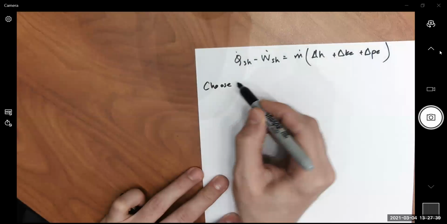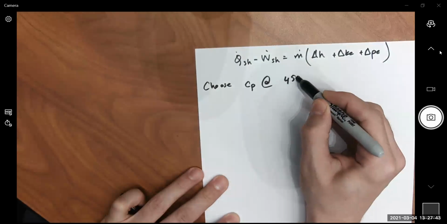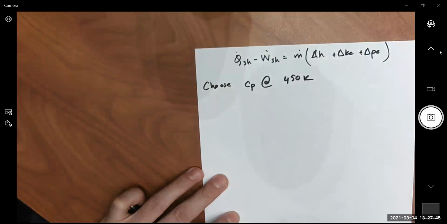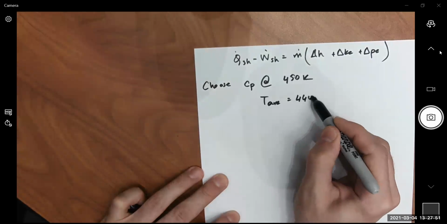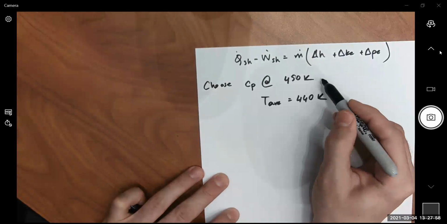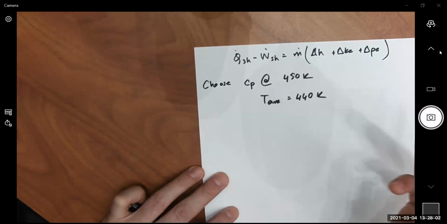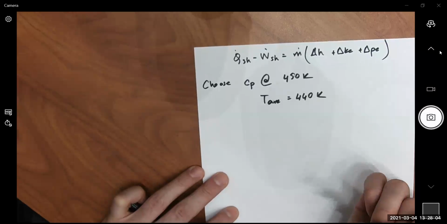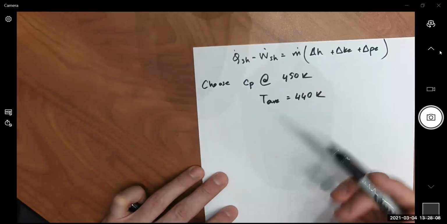And choose CP at 450 Kelvin. But our average temperature is 440 Kelvin. So you can choose 450 Kelvin, or you can interpolate, linear interpolation, and you will get pretty close.